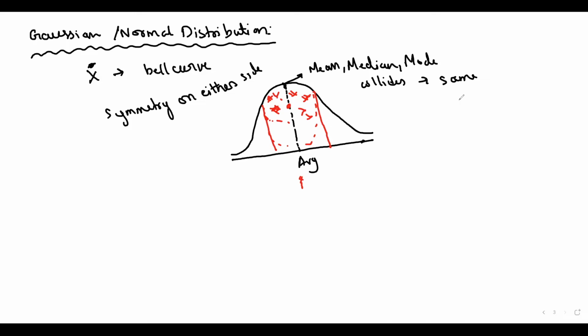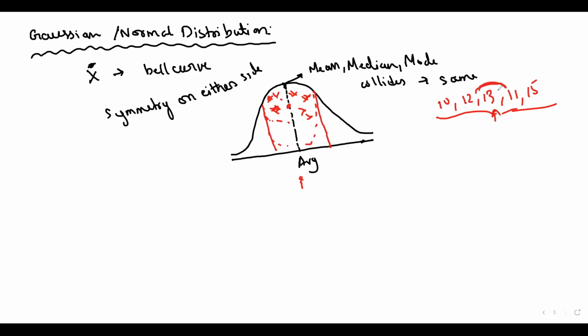How? Let's take the example of salaries. Let's say the salaries in a particular company are distributed between this range. Now, if I take the average of these 5 values, that average will be lying somewhere around here.